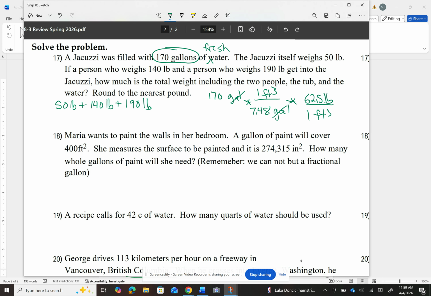Okay, so to get from gallons to how many pounds, I'm going to take 170 divided by 7.48 times the 62.5. So I'm going to take the 170 and the 62.5 should be multiplied, but then dividing by the 7.48.